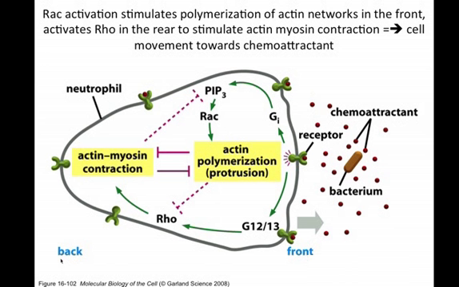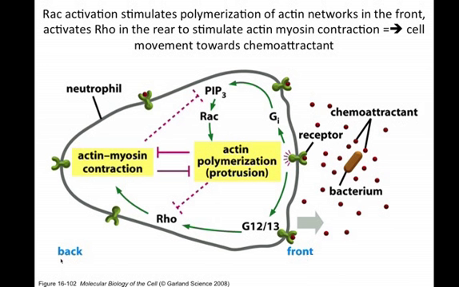And so actually you're not activating just one thing. Well, I guess it depends on what you need to do. But for cell movement, you need to activate RAC and Rho in order to get movement in the front and contraction in the rear. Is this where you were going?